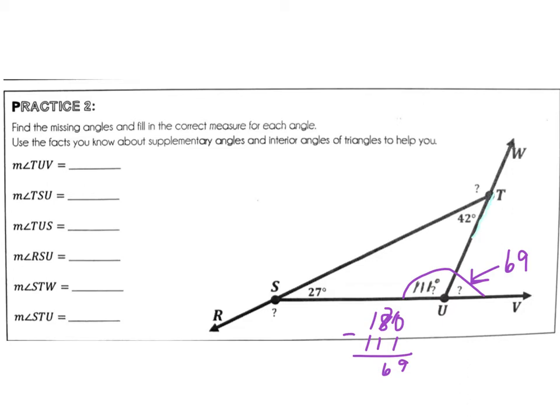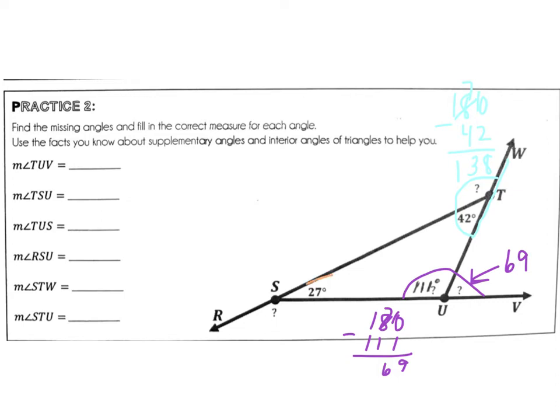Next up, I would move to this pair of supplementary angles. So 42 plus that question mark, that obtuse angle there, would equal 180 degrees. So I would do 180 minus 42. And let's see, that's going to give me 138 degrees for that unknown measure.